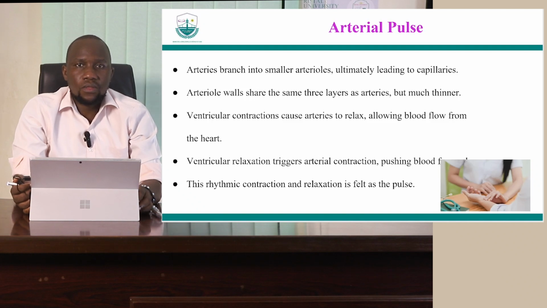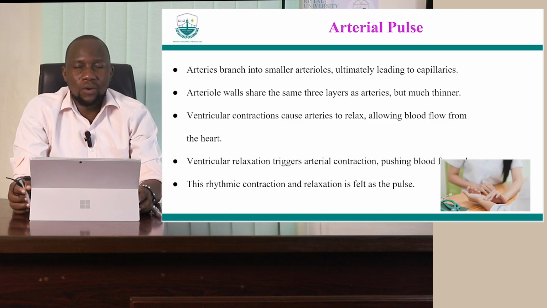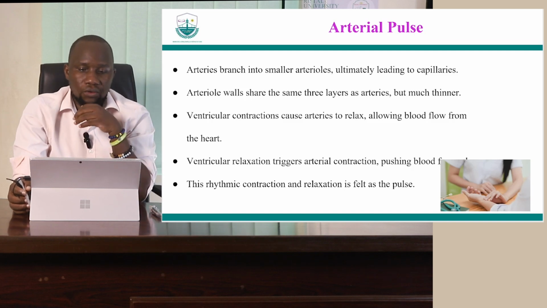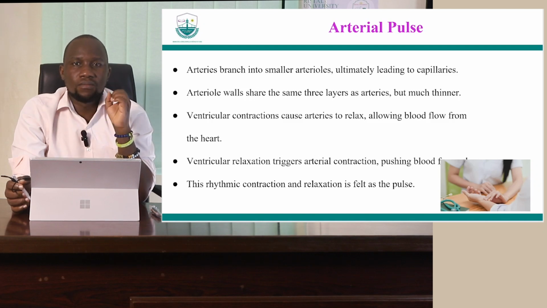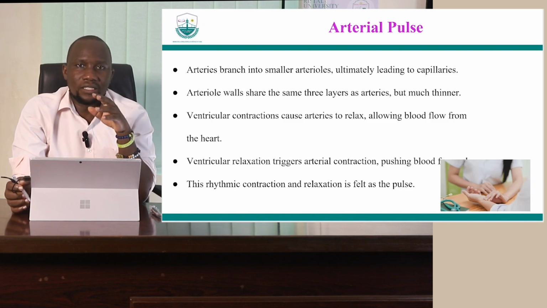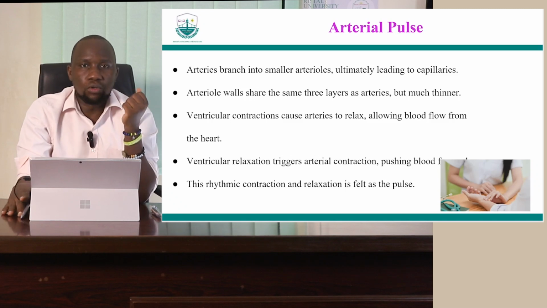So there are certain points on our bodies where we can feel what we call the arterial pulse. Okay, so when the heart contracts, it pushes the blood into the arteries, and we can feel that push.